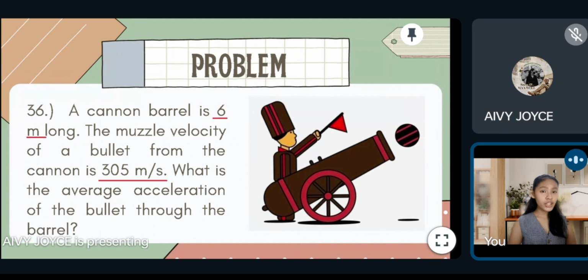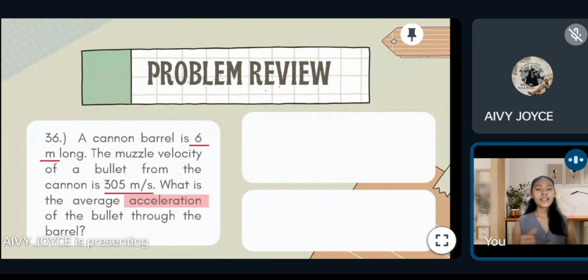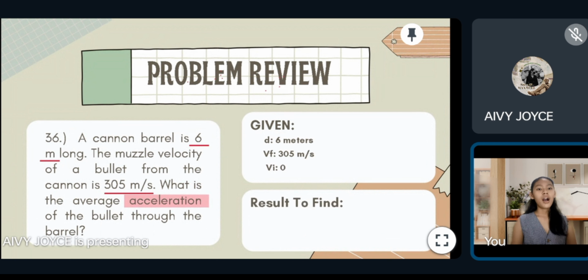What is the average acceleration of the bullet through the barrel? So we're going to find the acceleration. Let's organize them all. Our given distance is equal to 6 meters. Final velocity is going to be 305 meters per second, and initial velocity is going to be 0. And our unknown to find is acceleration, equal to x.